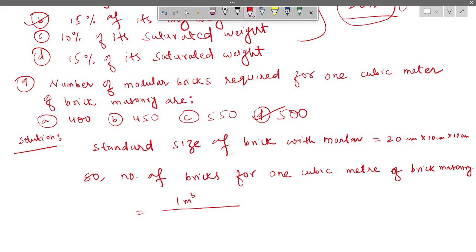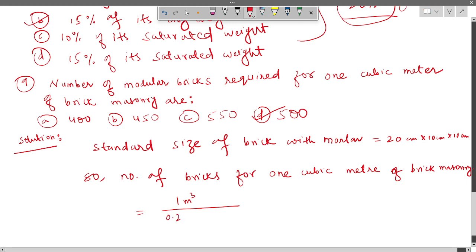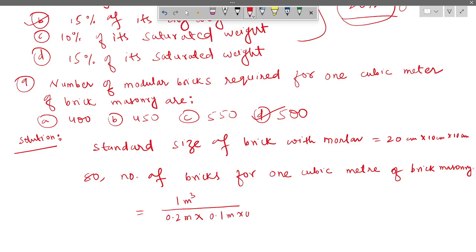It is 1 cubic meter, so 20 centimeter, 10 centimeter, and 10 centimeter we will convert to meters. So it will be 0.2 meter into 0.1 meter into 0.1 meter. So how much will it be? 500 bricks will come in 1 cubic meter. Okay, that is the answer. So the answer will be 500 bricks.